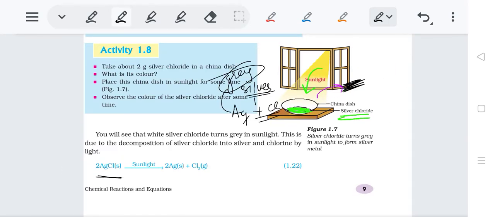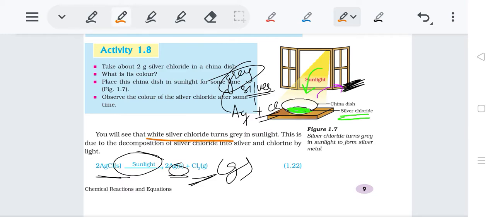The reaction is 2AgCl solid, in the presence of sunlight, breaks into 2 silver solid and chlorine gas. Clear? So you see the white silver chloride turns grey.